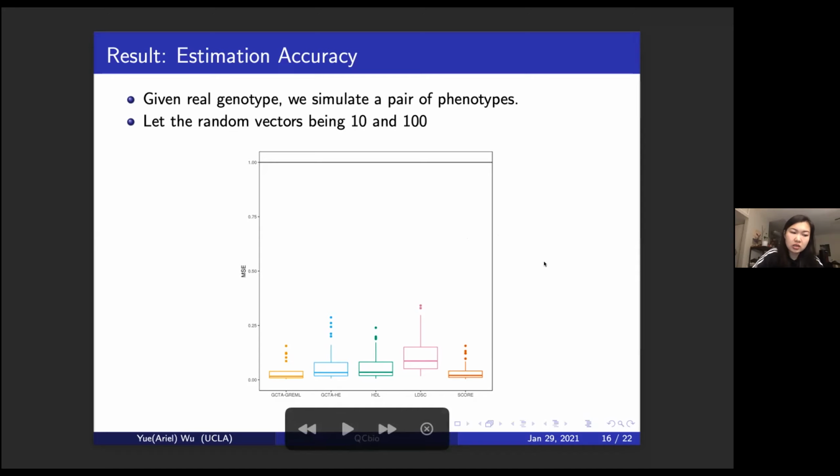For example, we consider the infinitesimal model, which is the model we described earlier, where each genetic variant has a small effect on the phenotype. And then we also consider the non-infinitesimal model, where only a subset of genetic variants have effects on the phenotype, and the other effect sizes are 0.